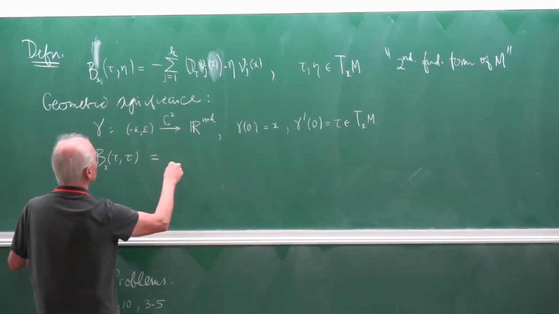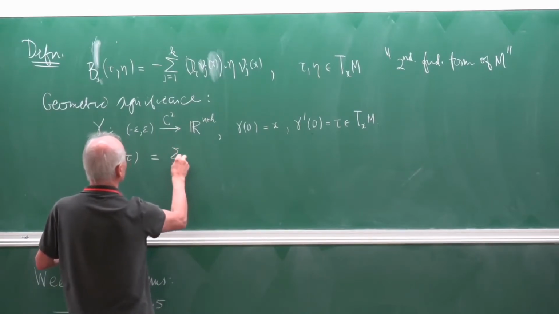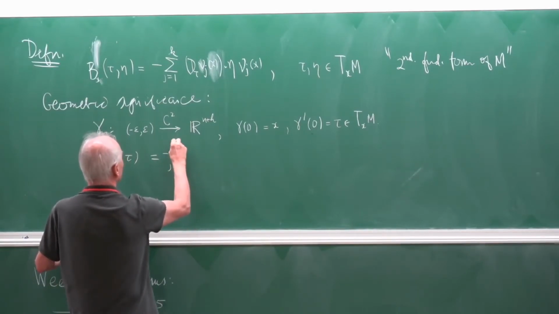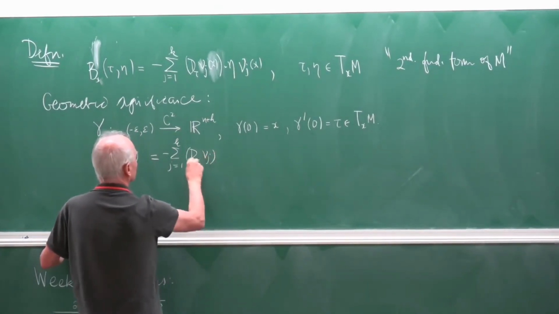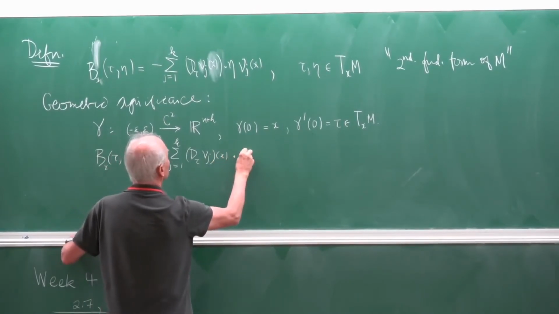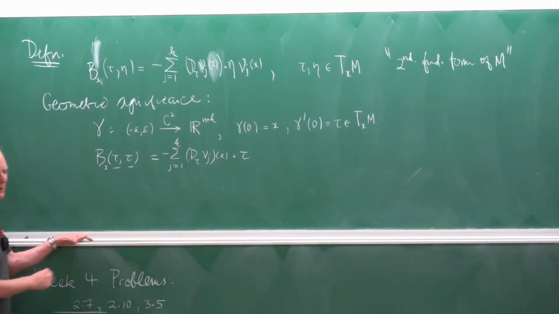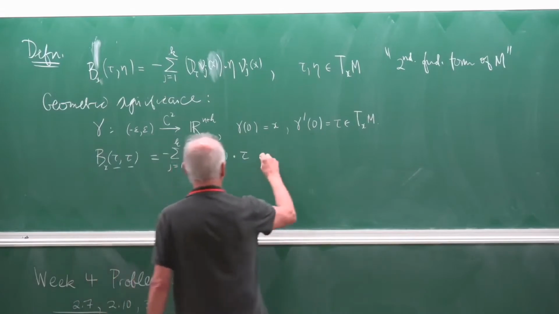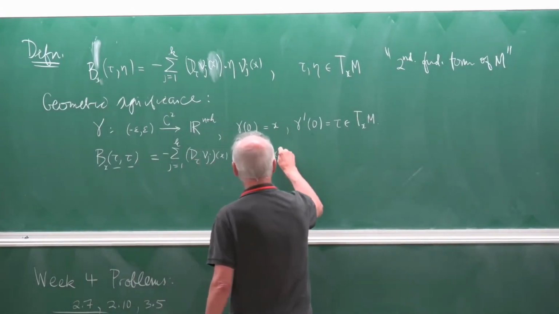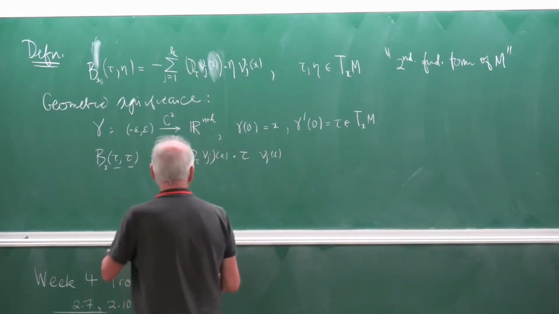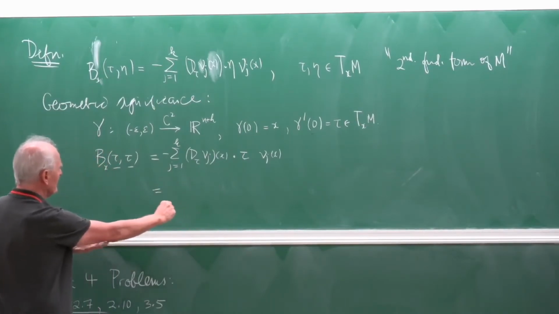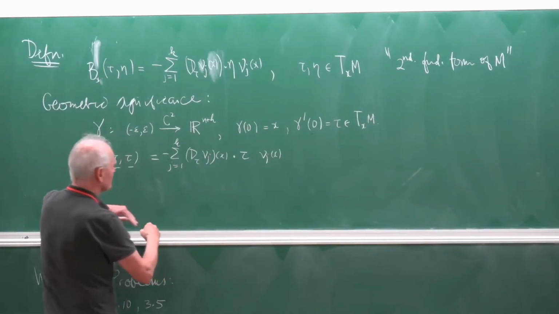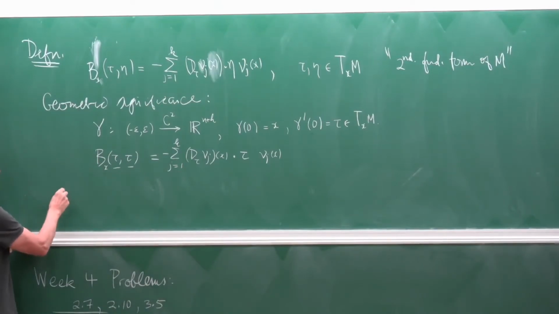That's minus the sum j equals 1 up to k of D_tau nu_j at x, dotted with tau. So we're taking one of the diagonal terms here, tau dotted with tau times nu_j at x. So that's the definition, but now let's observe something.